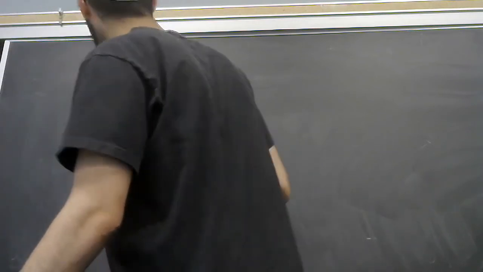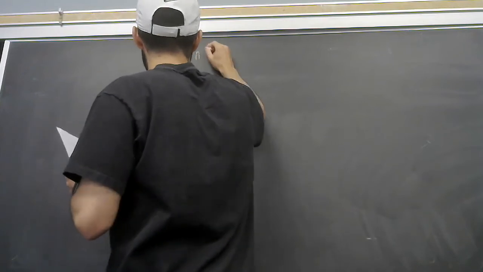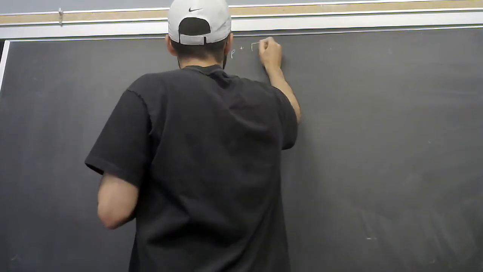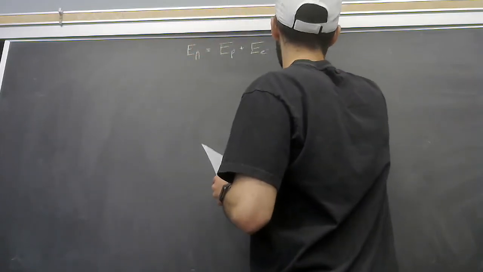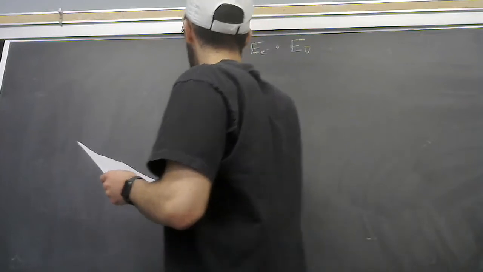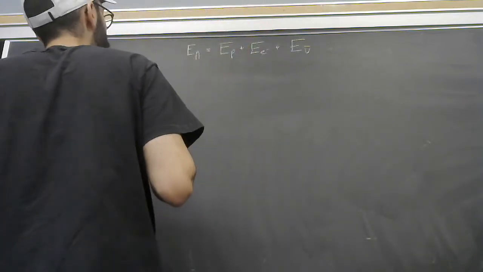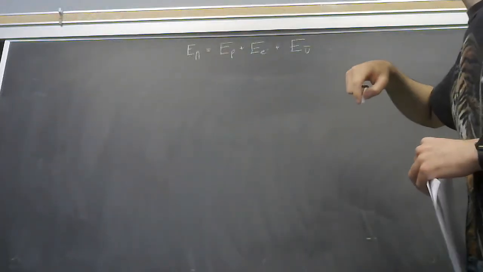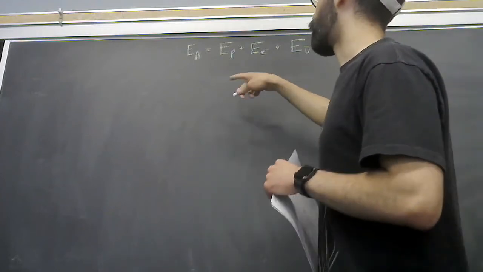So we can write a starting guiding equation as E of the neutron equals E of the proton plus E of the electron, and then plus E of the neutrino. Now if we express it through the relationship of energy and mass, mc squared, and per the fact that these particles are going to have momentum, there needs to be a total energy equation relative to those not at rest.